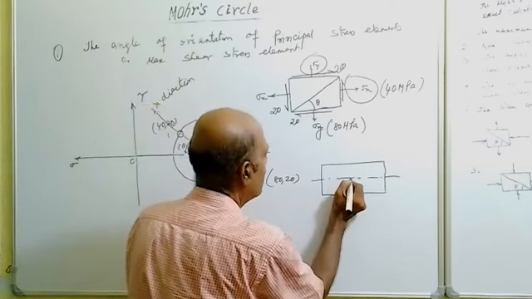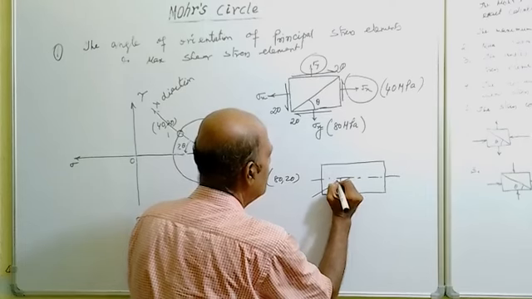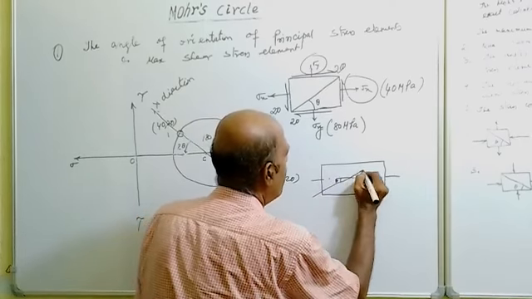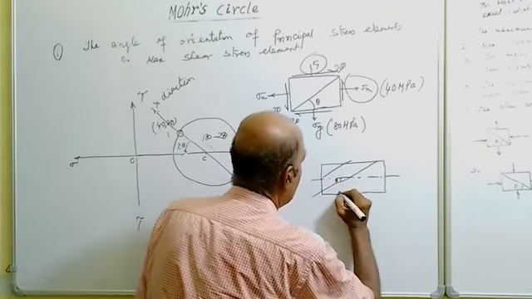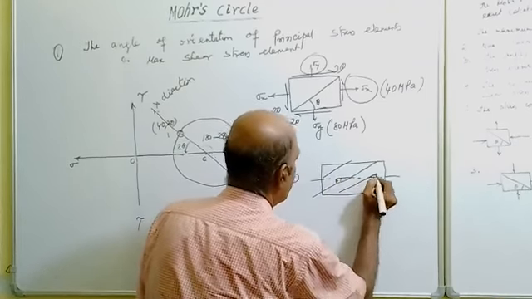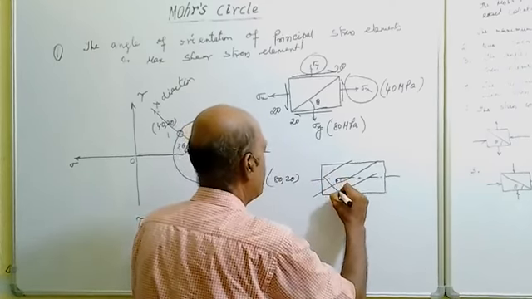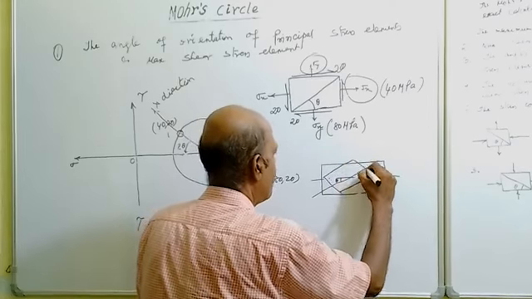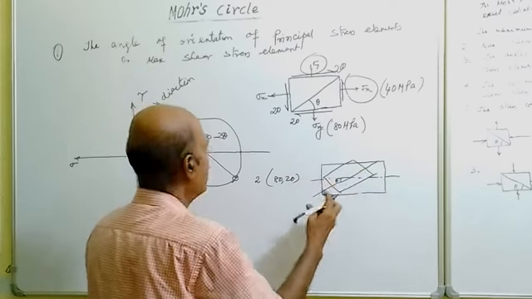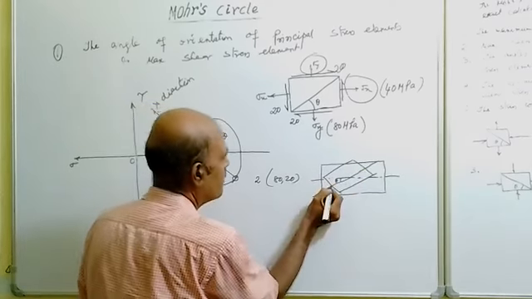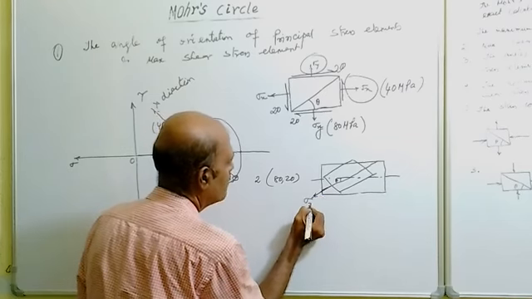So here draw an angle equal to theta, draw a line parallel to this, and draw the perpendicular line here. So if we rotate by theta angle, we will get the minor principal stress plane. So this will indicate the minor principal stress plane.